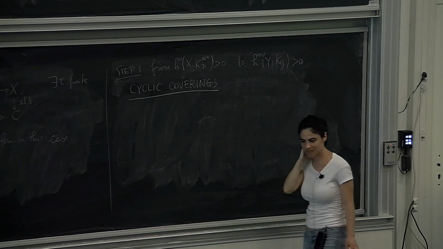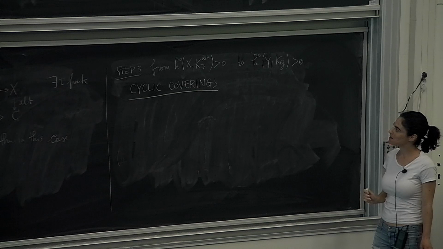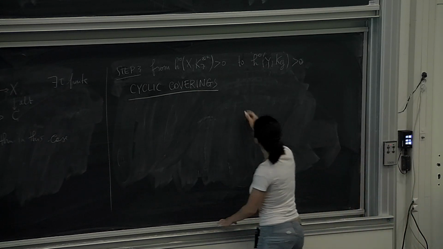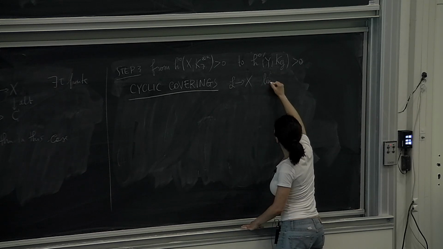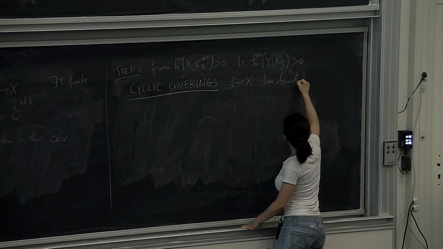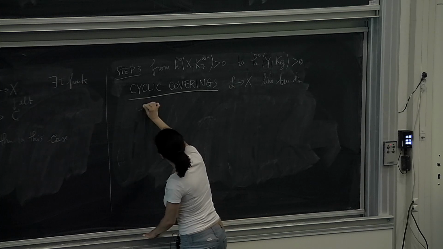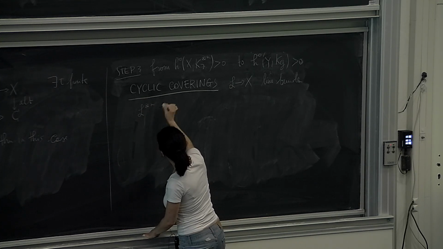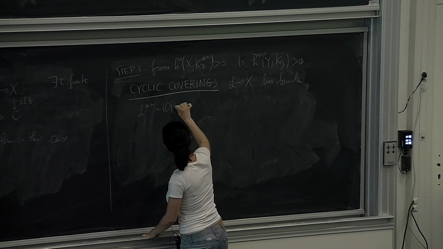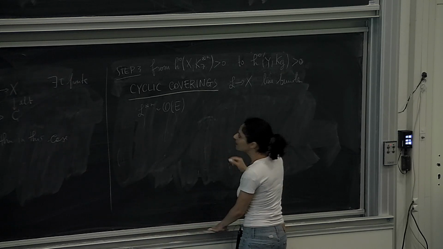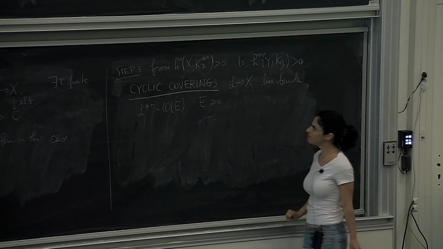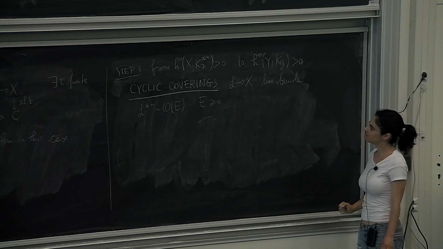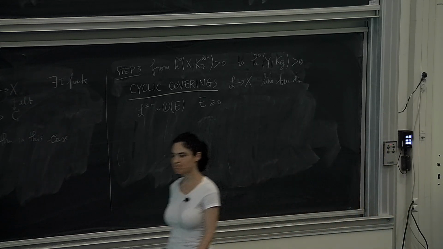So let me tell you how they work. We have L on X, a line bundle. And we assume that some power of L has a global section. Okay.